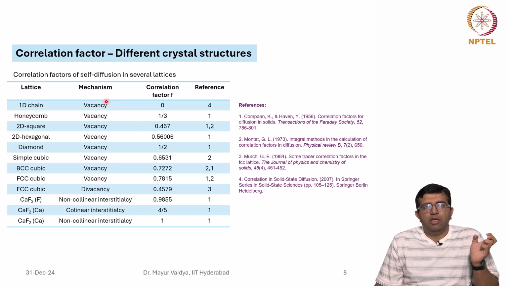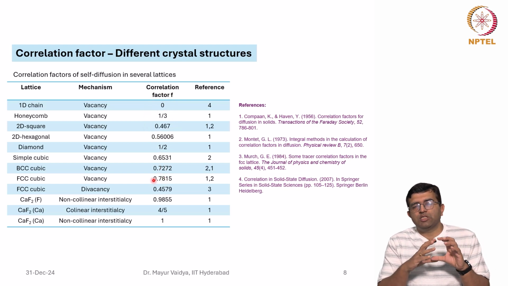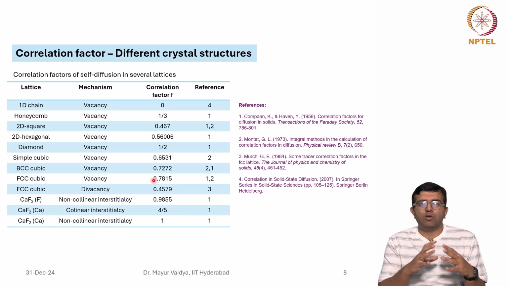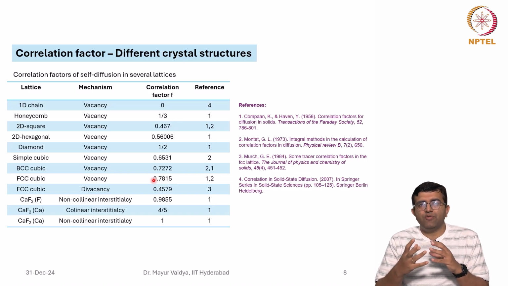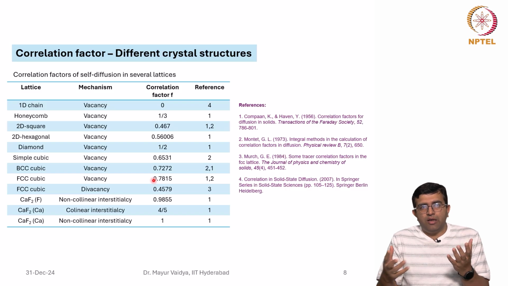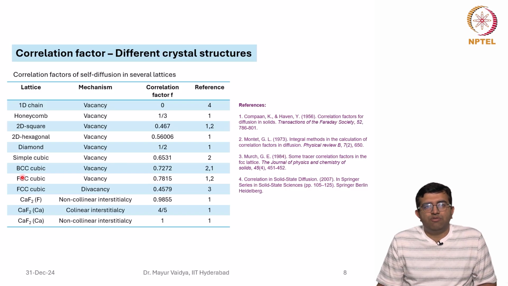Here, the mechanism of diffusion is vacancy diffusion, but depending on the crystal structure, the correlation factor can vary from 0 to as high as 0.78, which tells you that it is not just the mechanism, but also the structure on which the correlation factor depends. Similarly, in FCC, when you have a vacancy mechanism, the correlation factor is approximately 0.78.